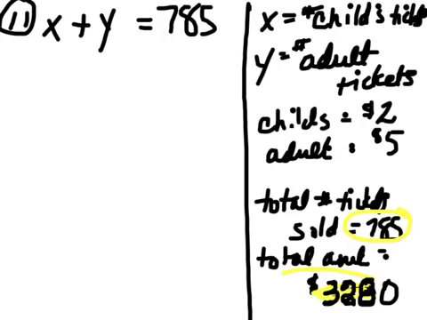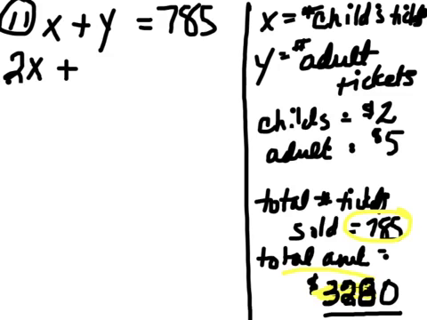But then they give you this other piece of information down there, this 3,280, and that's how much money they collected. And you can imagine doing this because a lot of you guys have helped with the bake sale and things like that, so you can imagine collecting ticket money. So every time a kid buys a ticket, isn't that worth $2 for each child's ticket sold? So that would be $2 for X, and X represents how many of them you sold.